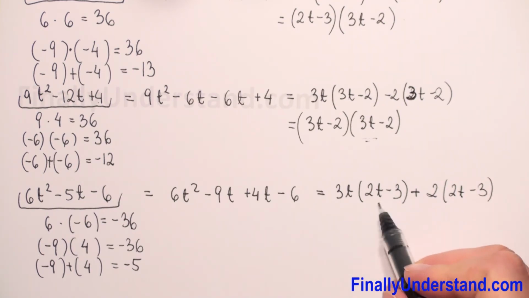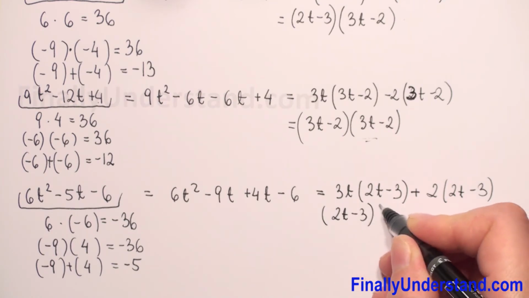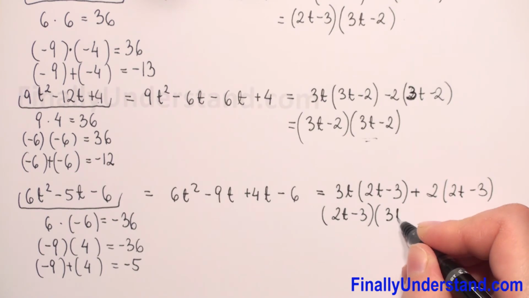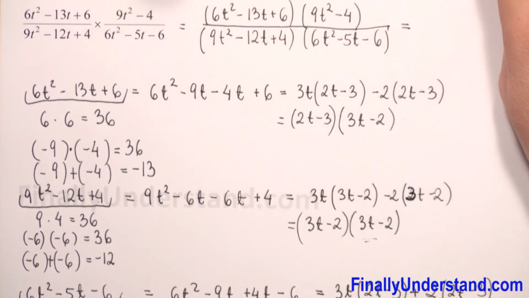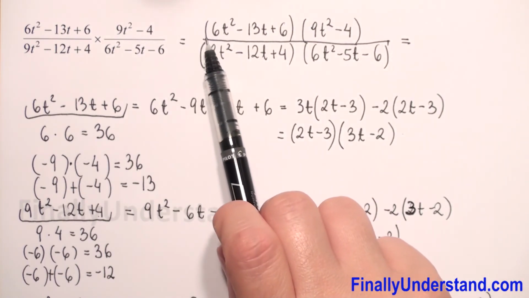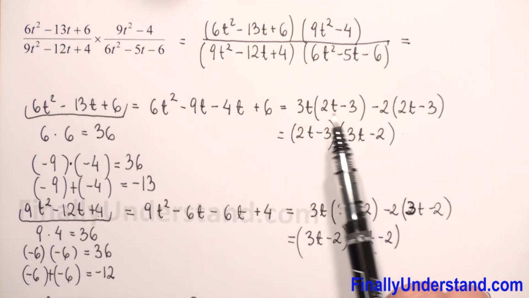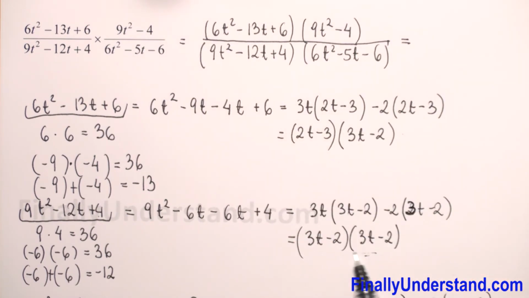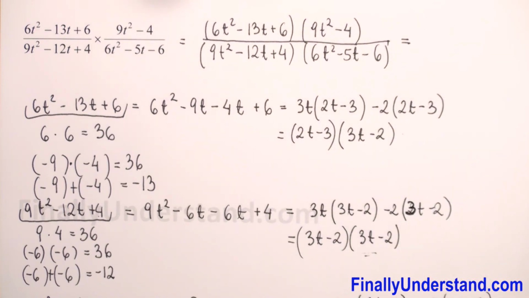We have the same expression in parentheses, so we will factorize this, and the rest will be in the second parenthesis, 3t plus 2. And now we can rewrite our algebraic fraction. We will substitute the first parenthesis by this 2, the denominator first parenthesis by this, and the second parenthesis by that.